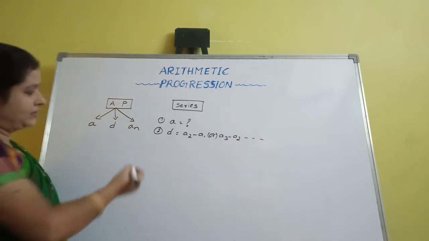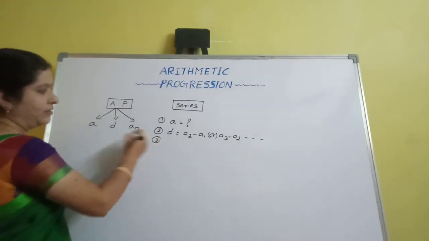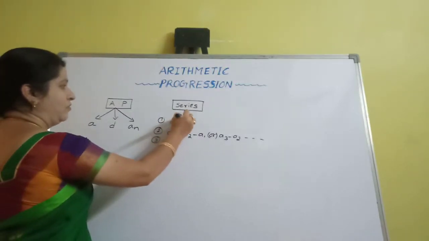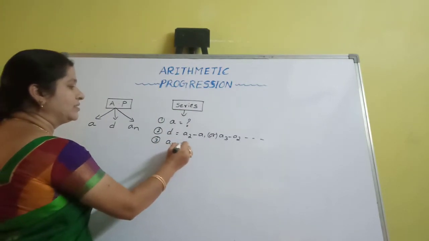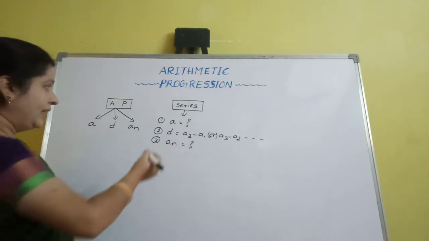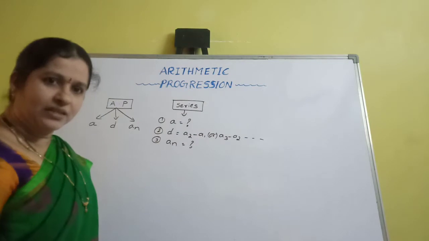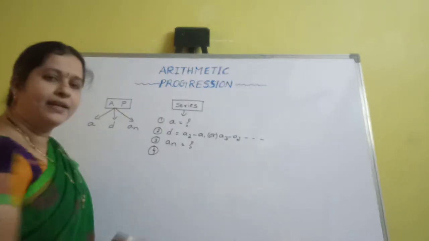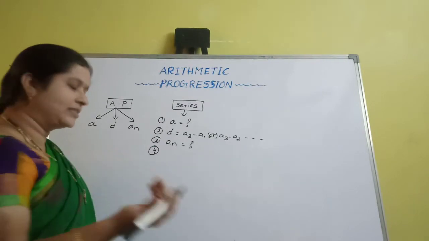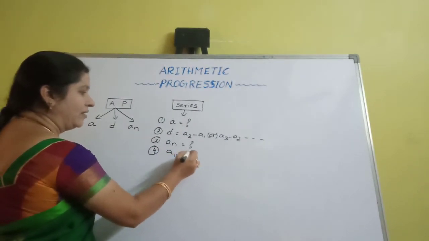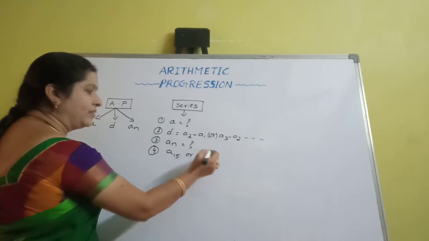Okay. The third question is to find the nth term of the series. Find the nth term of the series means you have to find the an value. Finding any term of the series is also one model question, either the 15th term a15 or the 20th term a20.